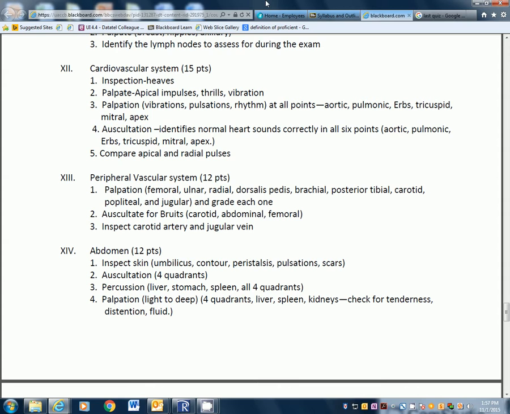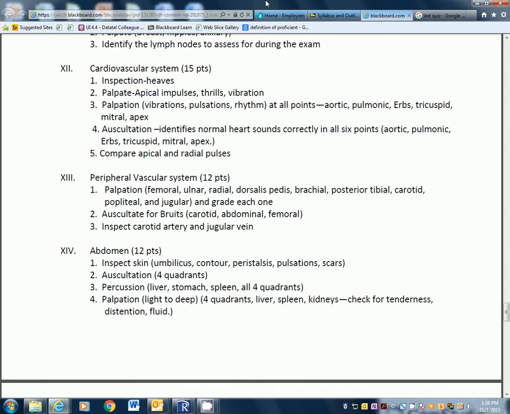You're going to palpate the aortic first, at the second right intercostal space. You would palpate there to see if you feel any thrills, vibrations, or pulsations. Then you would go straight across to your pulmonic at about the second intercostal space on the left. Then go down to the third intercostal space on the left, and that's Erb's point.